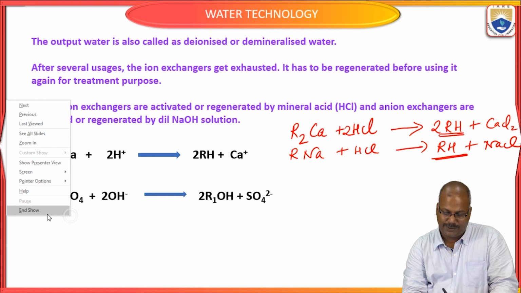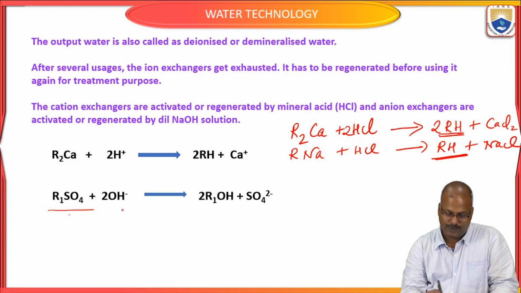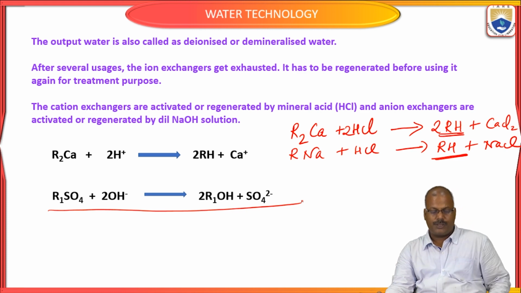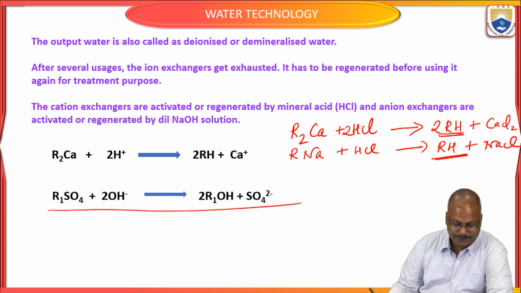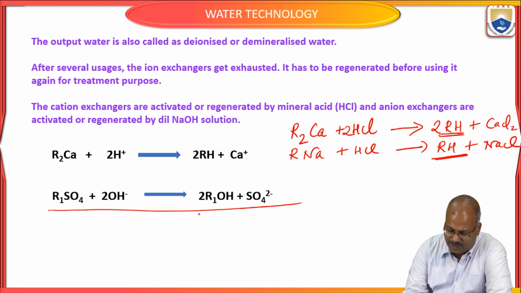Similarly, the anion exchange bed is regenerated by treating with OH minus. Once you do this regeneration, here also it forms ROH.